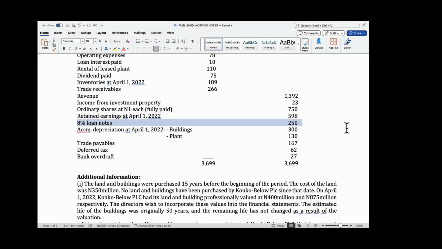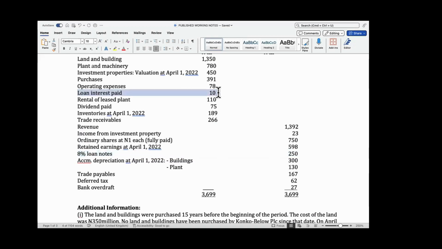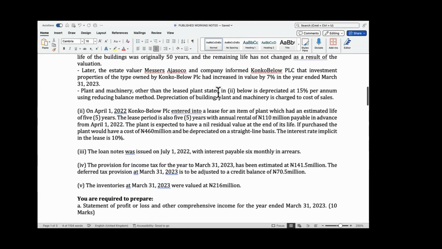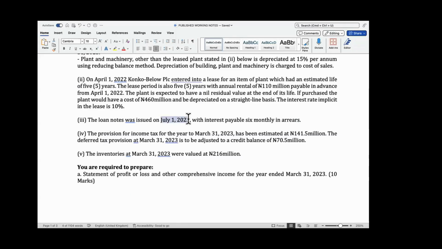The interest due is actually 20 million, 8% of 250, and I saw that the interest paid here was only 10. Now they are telling me the reason why they paid only 10: the loan note was issued during the year with interest payable 6 monthly in arrears.